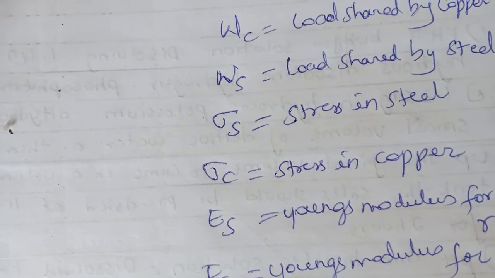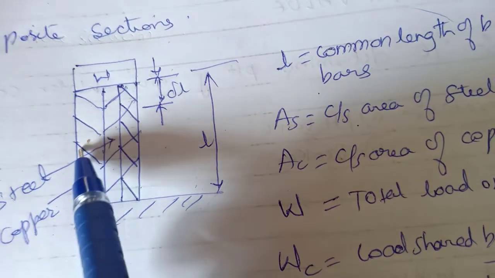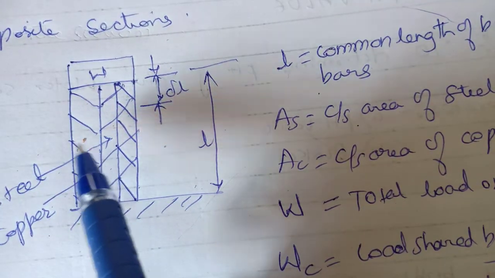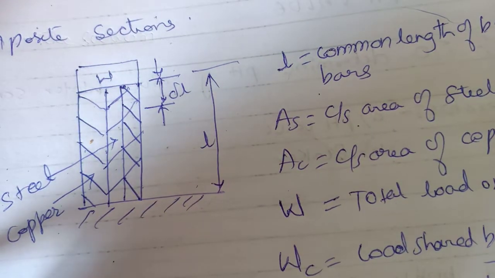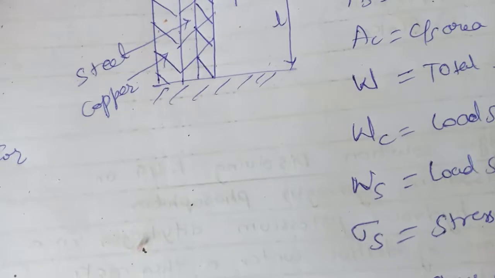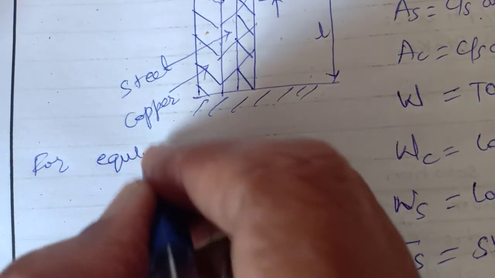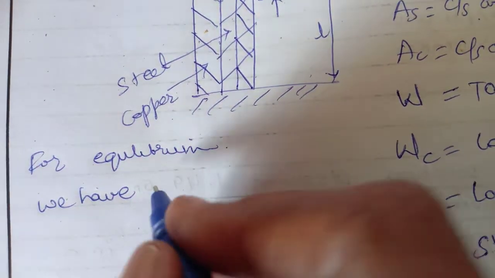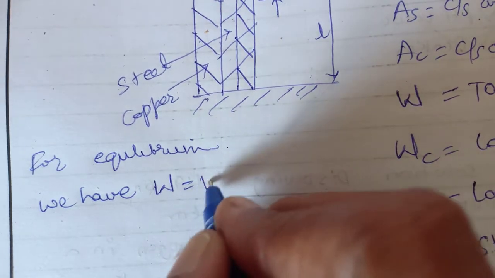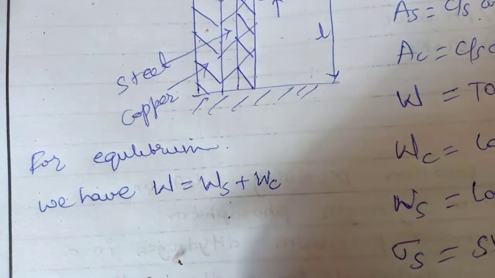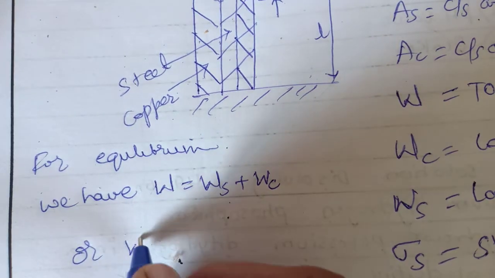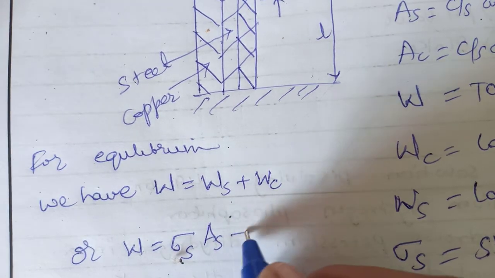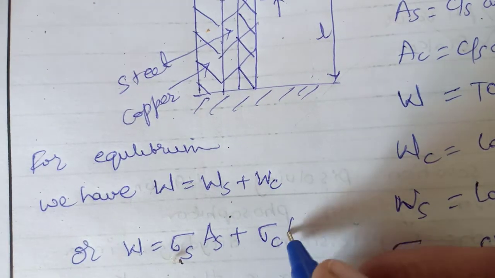So you can see here in the diagram, copper and steel both are there, and this W is sharing both load. So for equilibrium, we have W will be sharing the load of both steel and copper, or W will be sigma S AS plus sigma C AC.